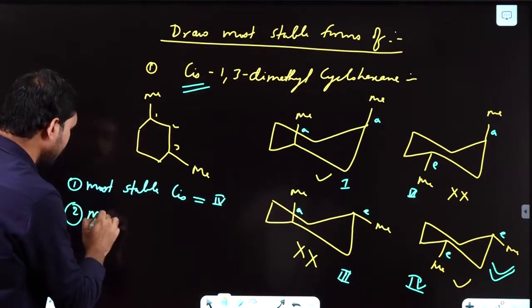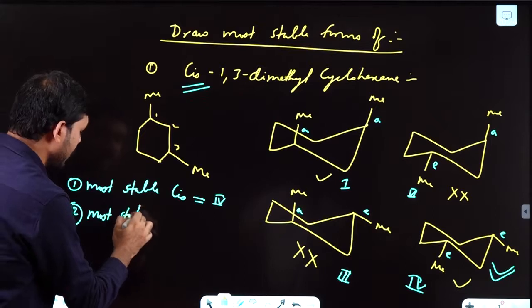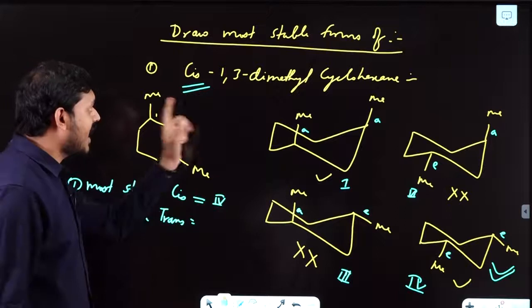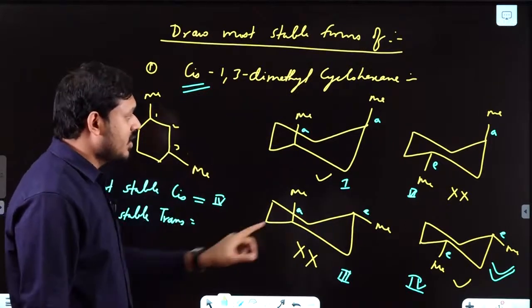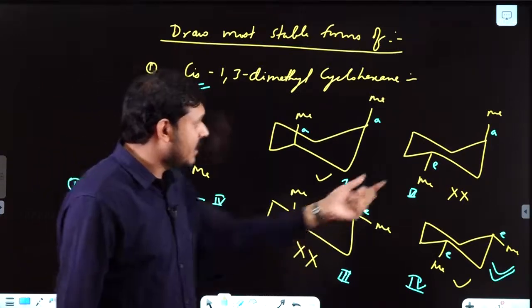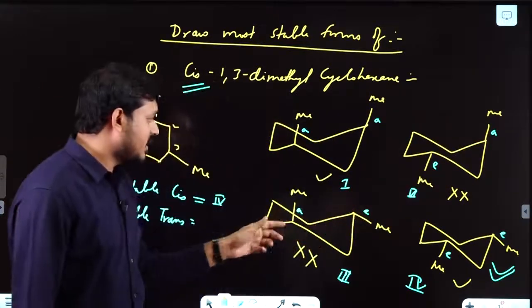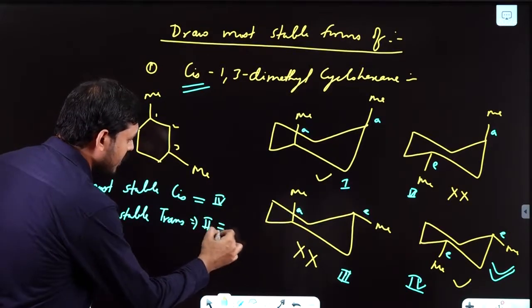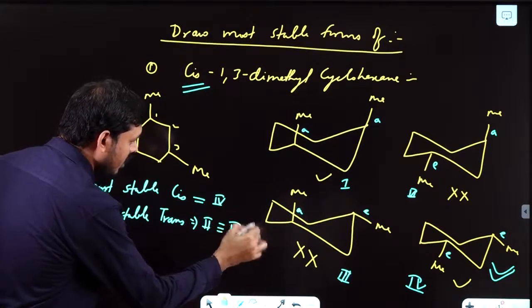Second, most stable trans. Suppose you have been asked trans 1,3-dimethyl-cyclohexane, so you have to consider second and third. Now in that case you can see here axial equatorial, equatorial axial, and both methyls are similar. So you can say second equals third.